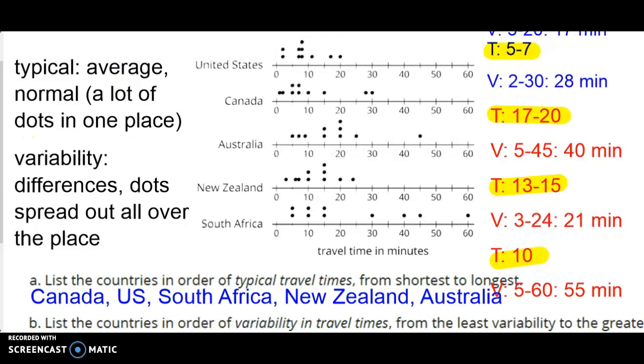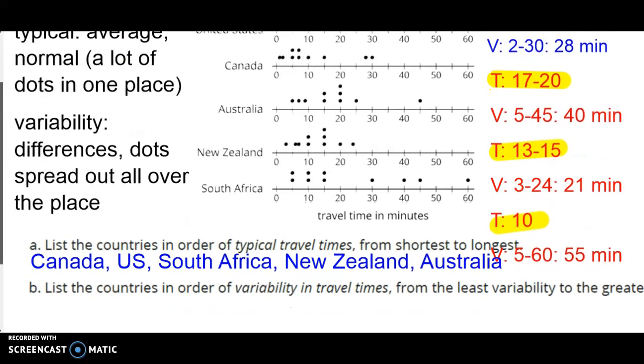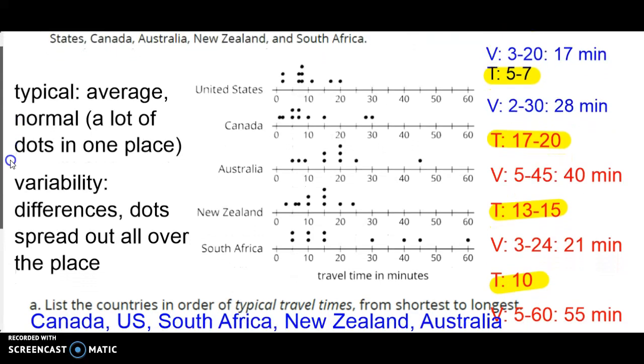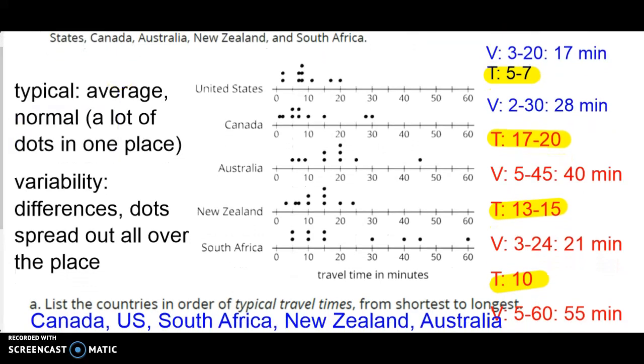Pause the video, try to answer B on your own. List the countries in variability from least variable to the greatest variable. Okay, let's look up when you're done. So here I'm looking for the biggest range. So I've got a couple of ranges going on here. I've got 17 minutes, 28, 40, 21, 55.